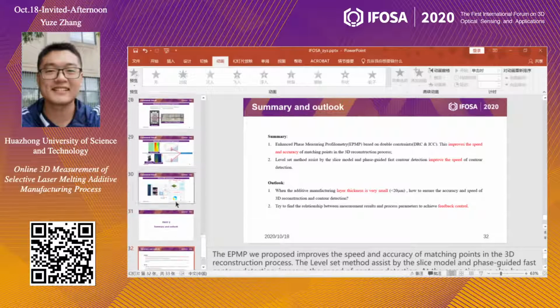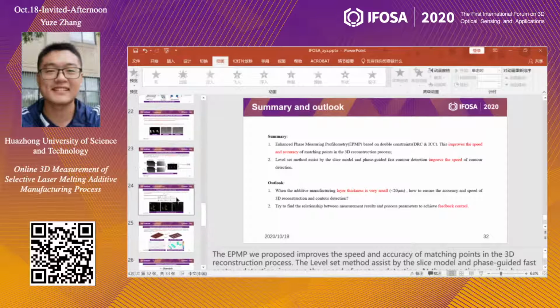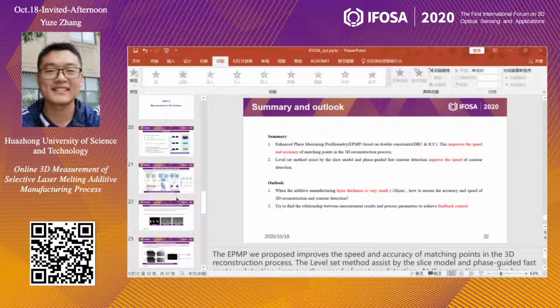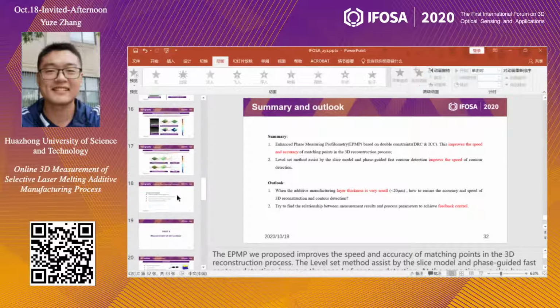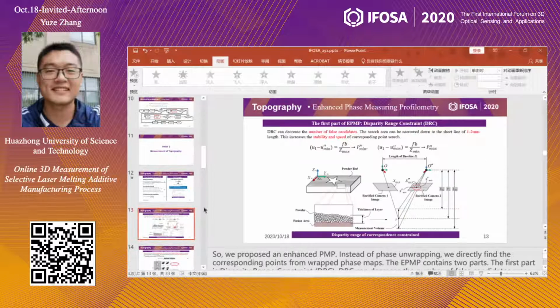Let's find this page. I think the most difficult part is the first part of this EPMP, because we have to find some constraint to shorten our measuring time.